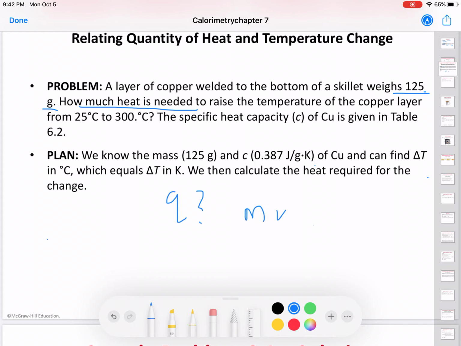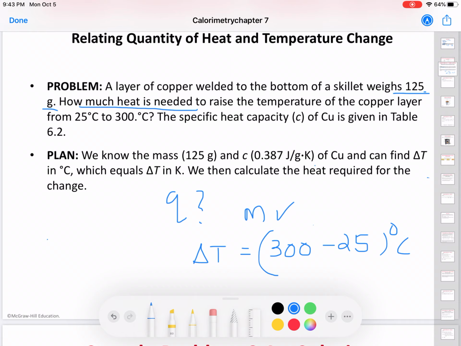We are given the mass. To raise the temperature of the copper layer from 25 to 300 degrees Celsius, then the delta T is going to be the temperature difference, final temperature 300 minus the initial temperature 25 degrees, given in Celsius.